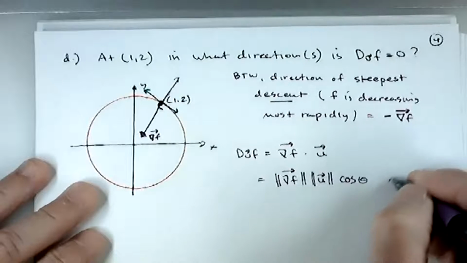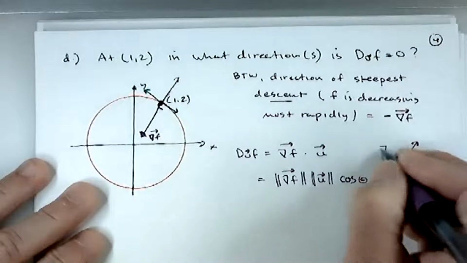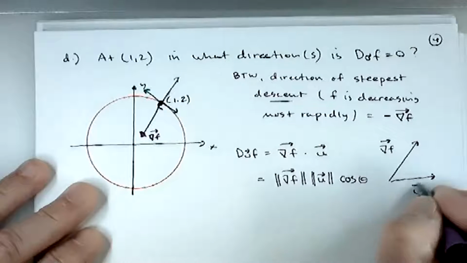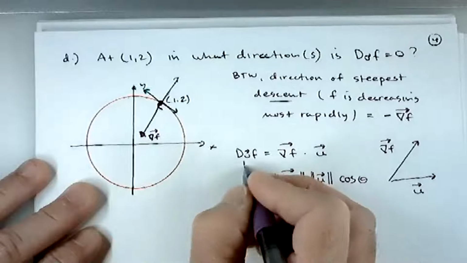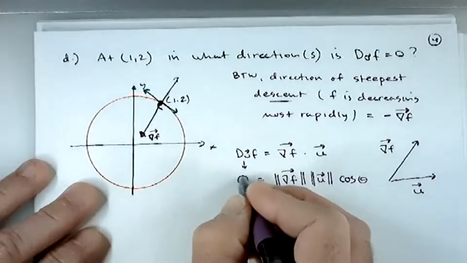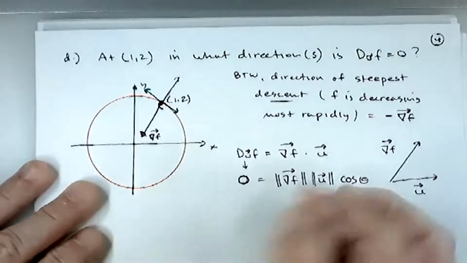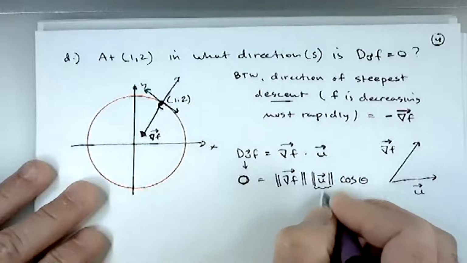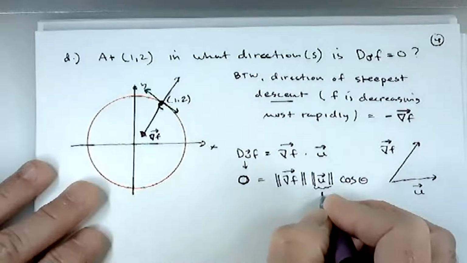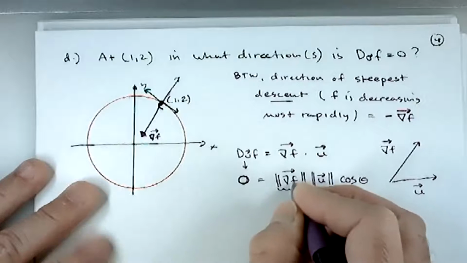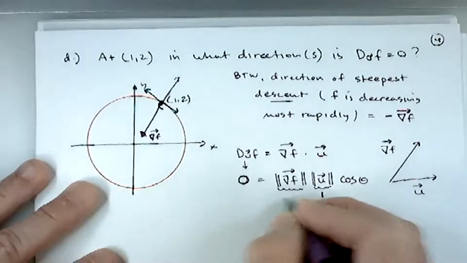Here's my gradient. Here's the direction we want to move in. If we want this directional derivative to come out to be 0, as we discussed before, you can't change this. The magnitude of u is going to come out to be 1. More than likely, unless you get 0 and 0 for your gradient vector, this is going to be not 0, right?